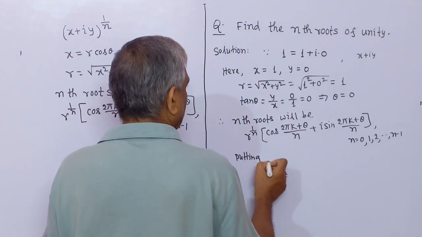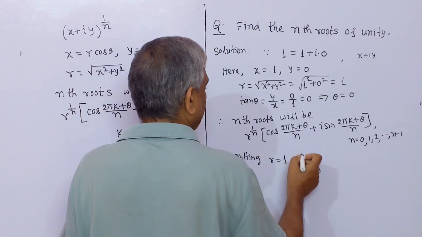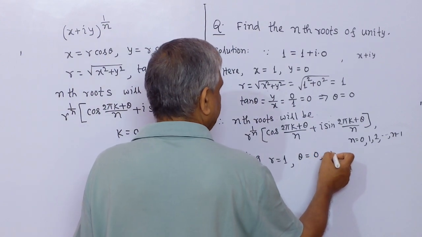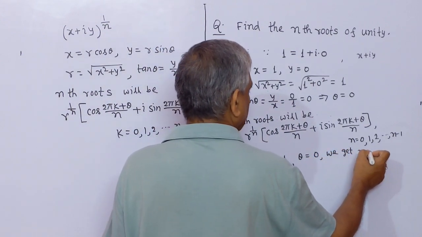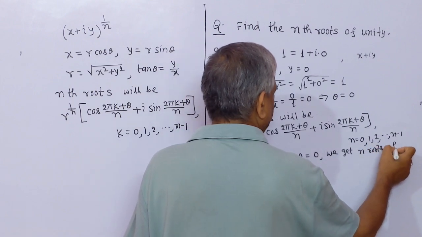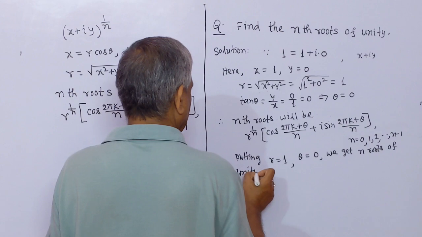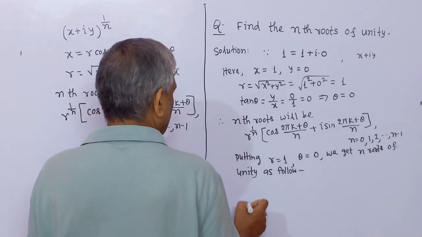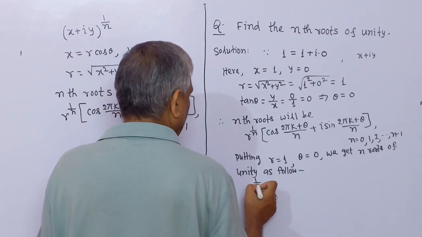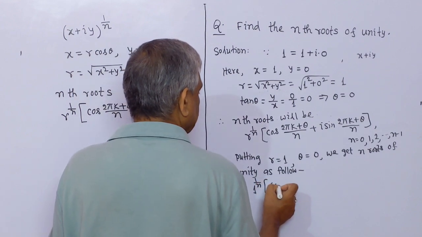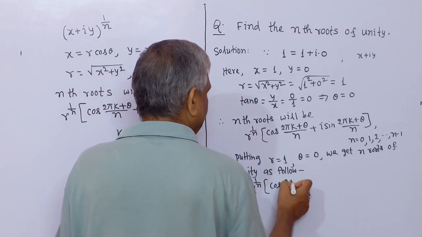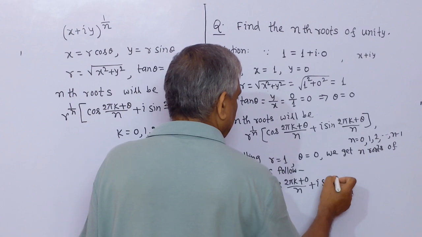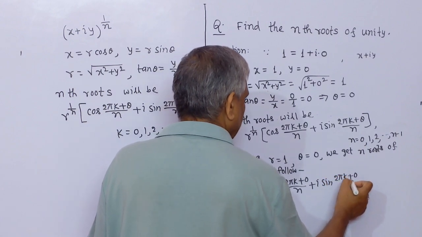Putting r equal to 1, theta equal to 0, we get the nth roots of unity as follows: 1 to the power 1 by n, cos of (2 pi k plus 0) by n plus i sin of (2 pi k plus 0) by n.